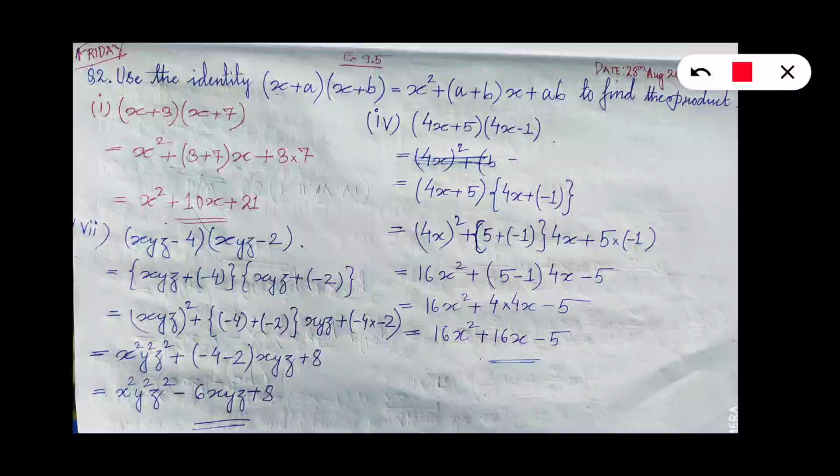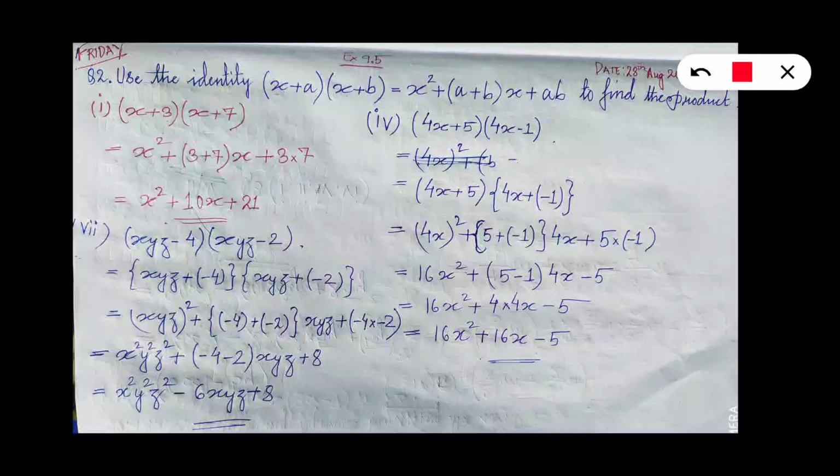Here is your answer with your mathematics class, and today we are going to continue our exercise 9.5, which is the last exercise of this chapter. We have completed question number 1 in our previous video, and today we are going to start with question number 2. As I told you in my previous video also, exercise 9.5 is very important because in this entire exercise you'll have to learn how to implement the identities in the problems.